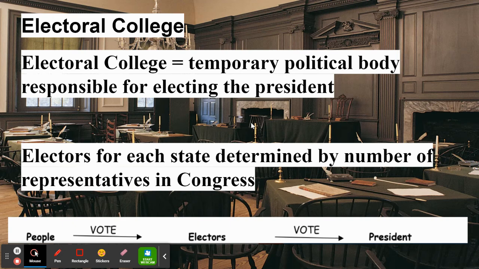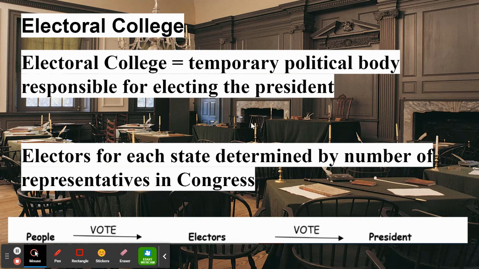Now, what's interesting early on is when the Electoral College voted, they would vote for the president, and whoever came second place would become vice president. And we see this in the second presidency, where John Adams is the president and his rival, Thomas Jefferson, becomes the vice president.